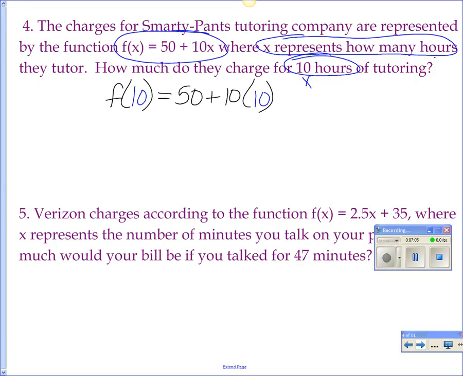Haley, what do you get when you type that in? 150. Anybody else type it in and get 150? Okay, good. All right, number 5. Andrea, read 5 for us.